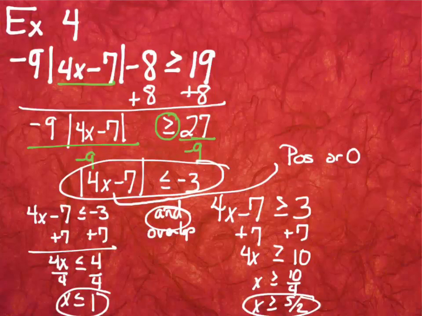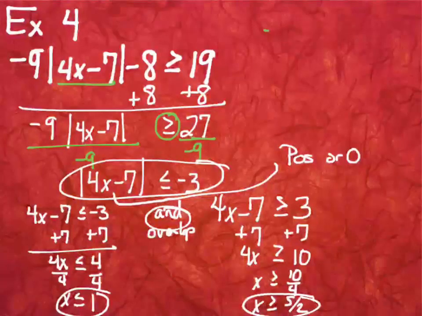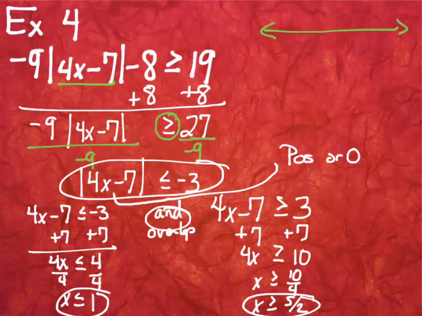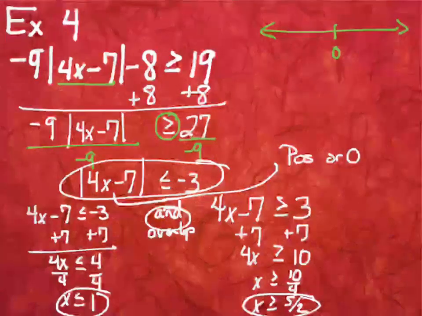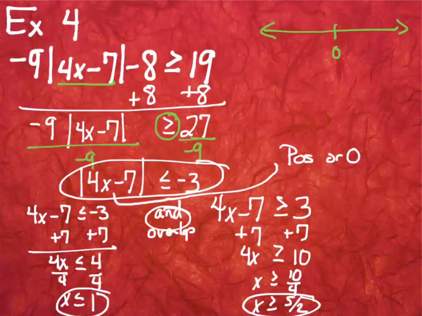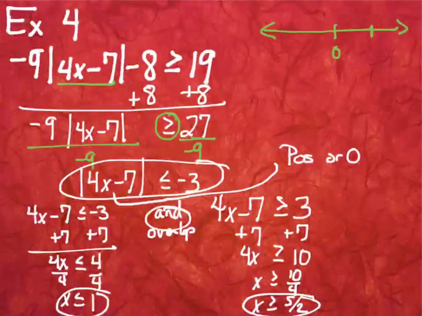So I'm going to do a sketch of a number line up here on the top. So 0 in the center. And then I have 5 halves, that's 2.5. And then I have also 1.